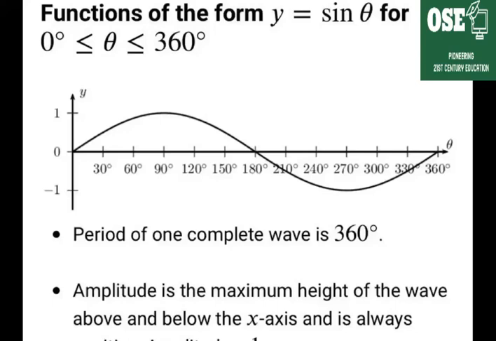And then we have what we call a period. A period is how long it takes to complete one full wave. Those who do physics will know this. One complete wave is how long it takes, a period is how long it takes to complete one full wave.